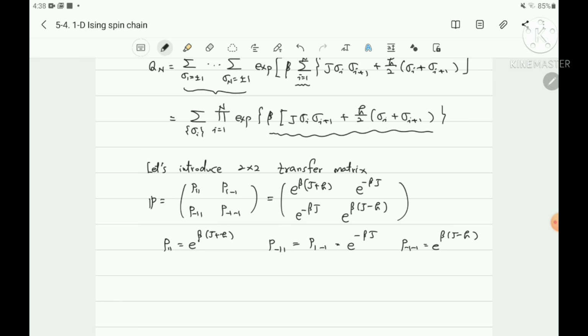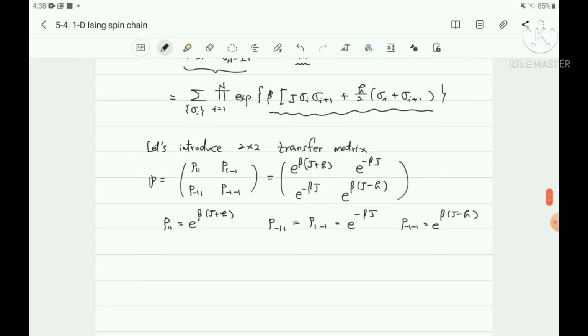From this transfer matrix representation, the partition function is the summation over the spin indices of a product of transfer matrices, P sigma 1 sigma 2, P sigma 2 sigma 3, up to P sigma n sigma 1. It is a spin interaction transfer matrix.